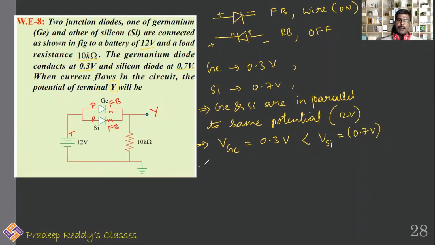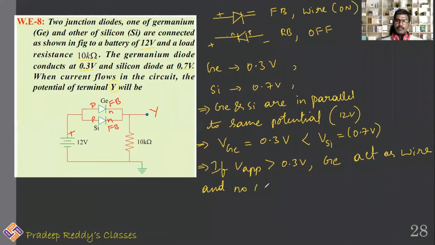Therefore, if the applied voltage is greater than 0.3 volt, germanium acts as a wire and no current flows through silicon. No current will be flowing through silicon because this becomes a short circuit.